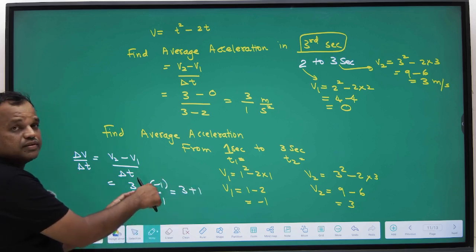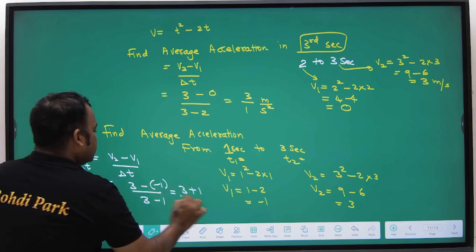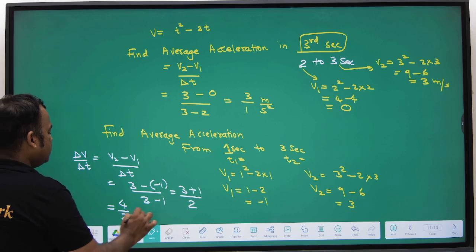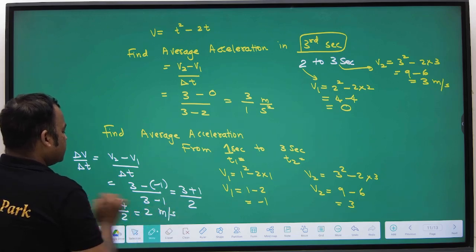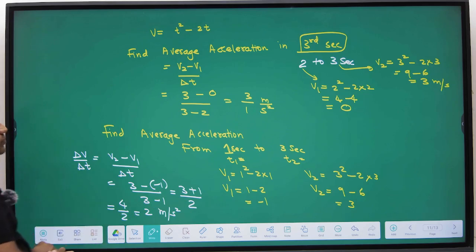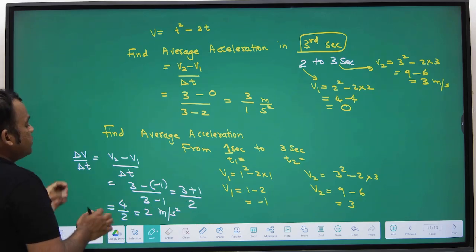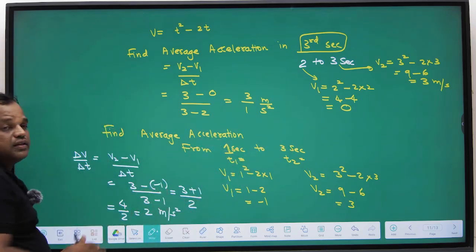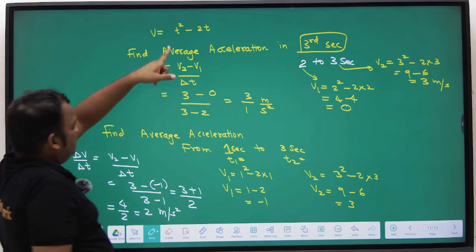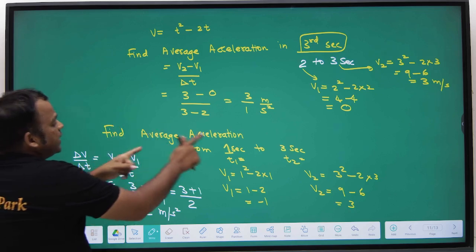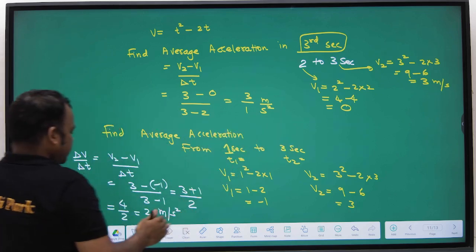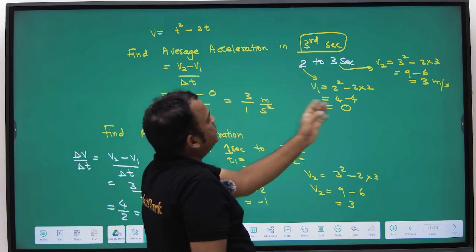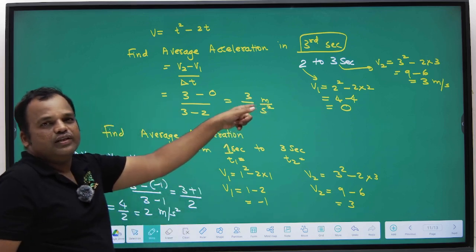This minus minus will become plus. So 3 plus 1 by 3 minus 1, which is 2. So that is 4 by 2 is equal to 2 meter per second square. So average acceleration between 1 second and 3 second is 2 meter per second square, and average acceleration in third second is 3 meter per second square.